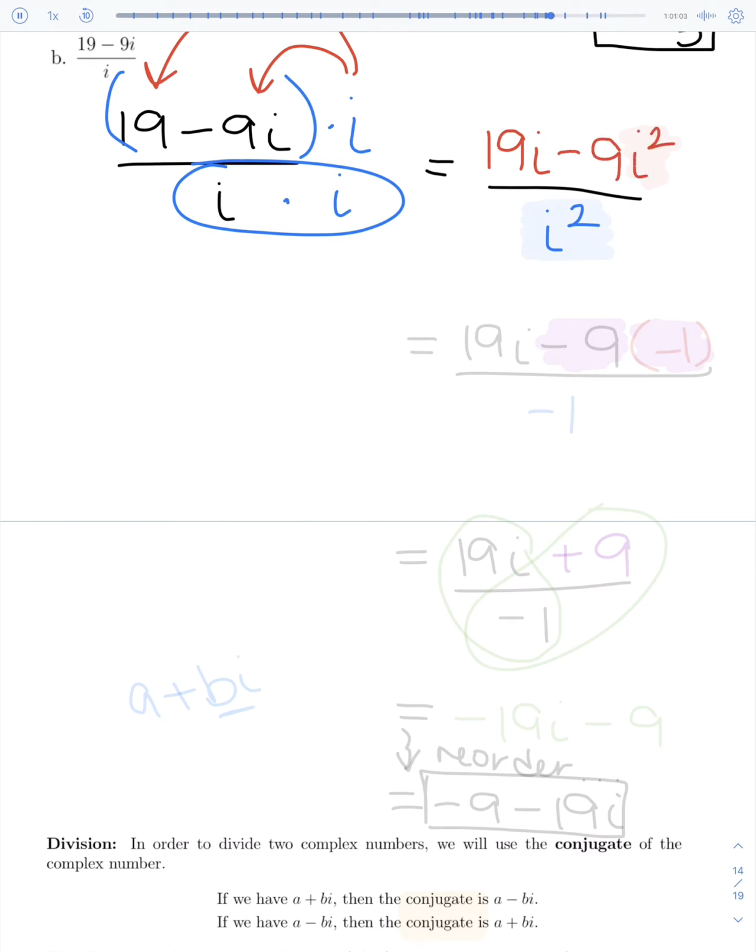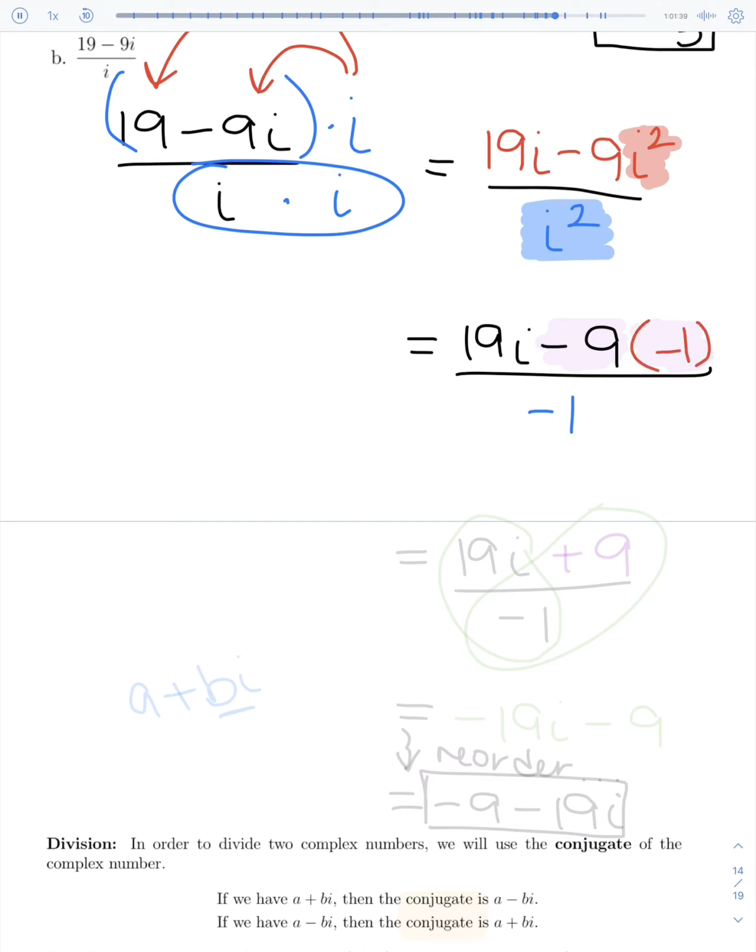Be careful. It is awfully tempting to want to cancel out those two i squareds, but you can't unless you can cancel an i squared out of each and every piece on the top and the bottom. So we can't do that. However, we do have the i squared on the bottom that we can turn into a negative 1. We do have the 19i on top, minus 9, and I can turn that i squared on top into a negative 1.